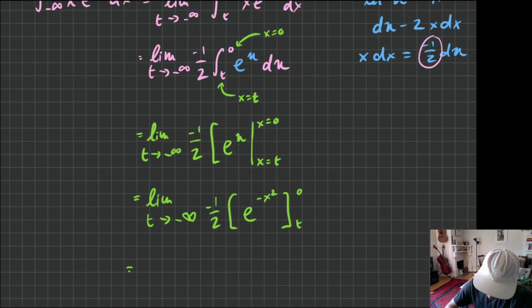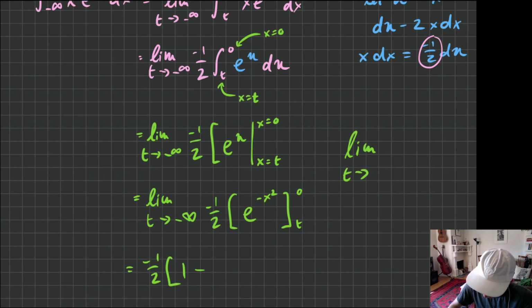Okay, so I'm gonna get negative 1/2 of, well, when x is equal to 0, e to the negative 0 is just 1, and then the limit as t approaches negative infinity of e to the negative x squared, or I guess that's t squared rather.